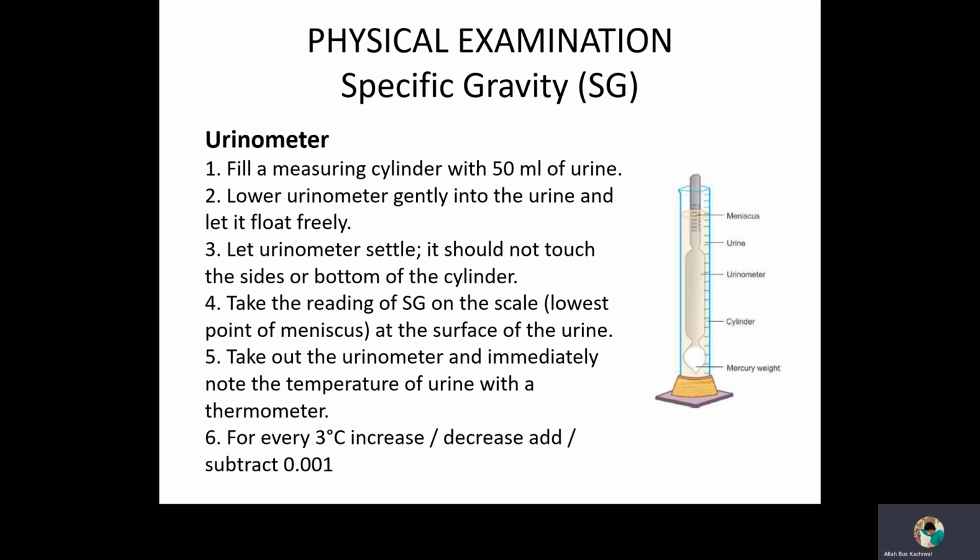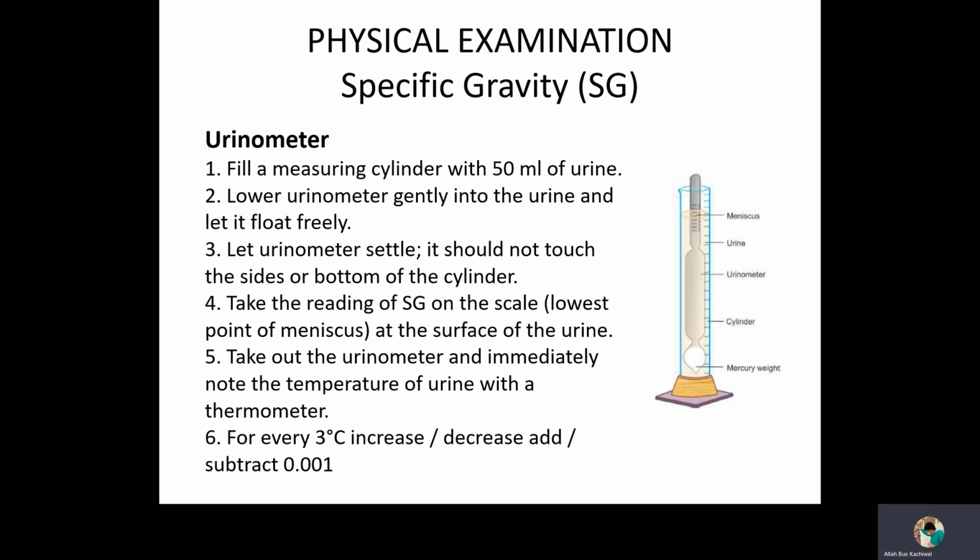With the urinometer for specific gravity, fill a measuring cylinder with 50 ml of urine, then lower the urinometer gently into the urine and let it float freely. Let the urinometer settle. It should not touch the sides or bottom of the cylinder.